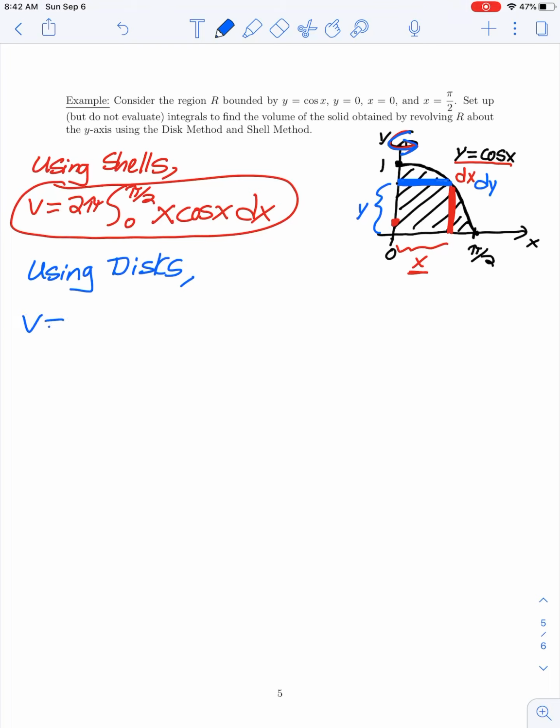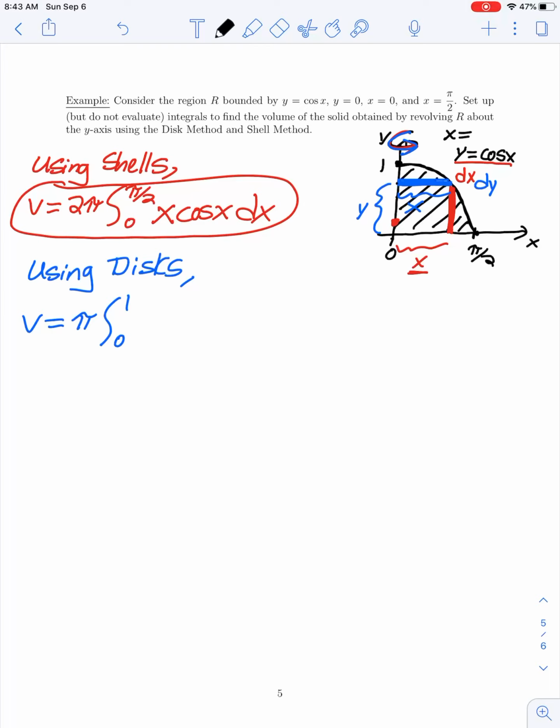So using the disk method, the volume of our solid is given by pi times the integral along the y-axis from 0 to 1 of the radius of my disk squared. Now the radius of the disk is going to be the horizontal distance that I traveled from the y-axis out to the curve. So if I'm setting up an integral in terms of y, I need the equation for my curve to be a function of y.